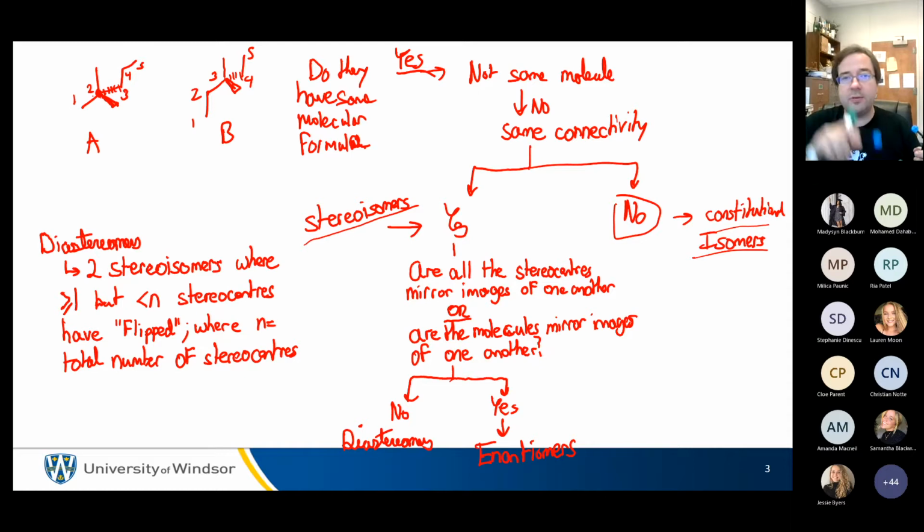Diastereomers are where at least one is flipped, because if zero flip, it's the same molecule. But if one or more flipped, but not all of them, then you have diastereomers. That's the difference between enantiomers and diastereomers.